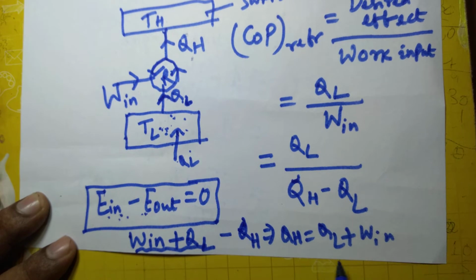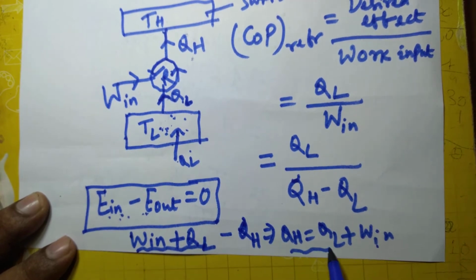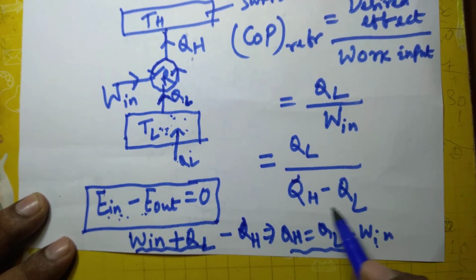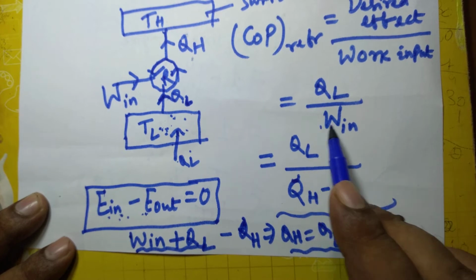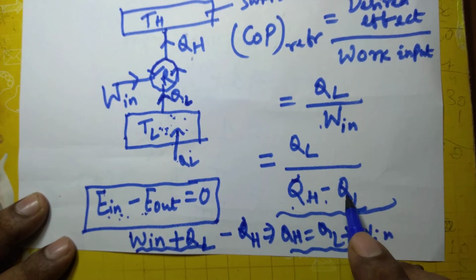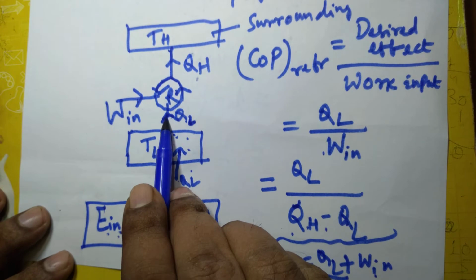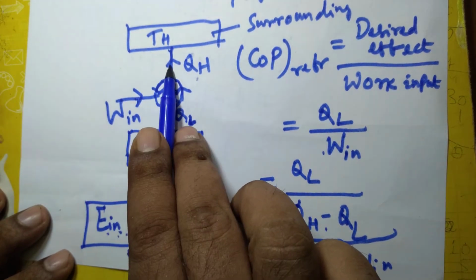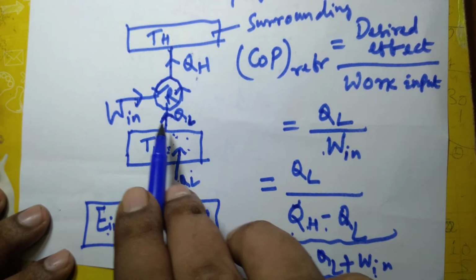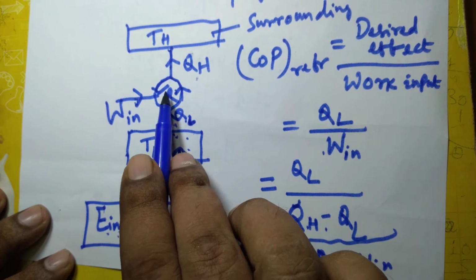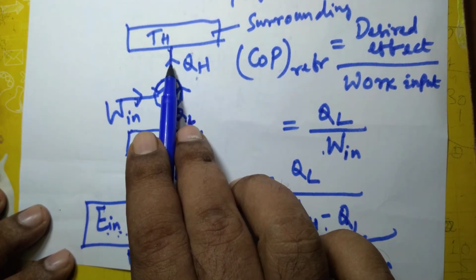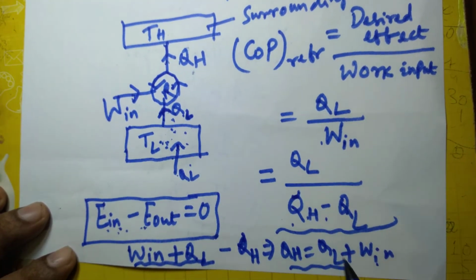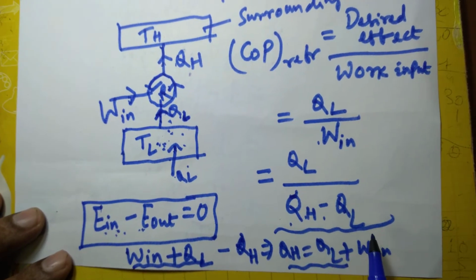In place of W in, I can write QH minus QL. That's what I have written here. So W in is nothing but QH minus QL, or QL plus W in is equal to QH, because these two are energy entering the system and QH is the energy leaving the system. So that's why QL by QH minus QL.